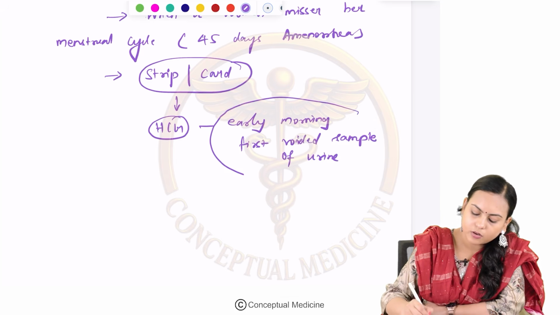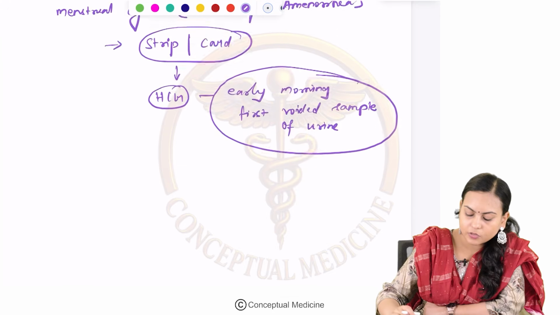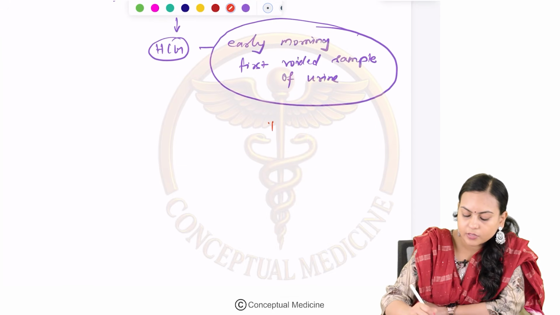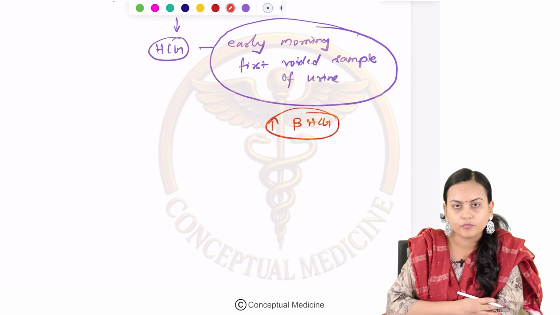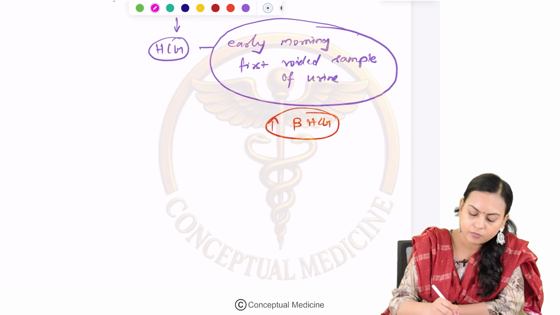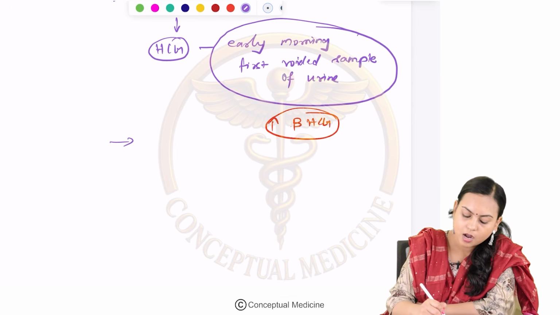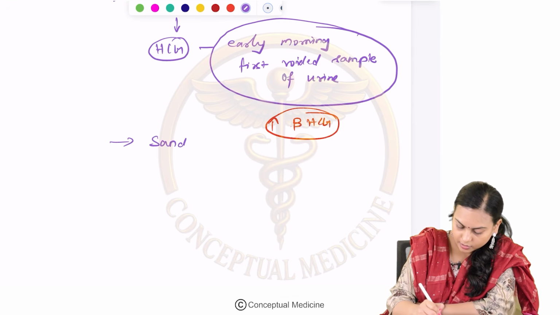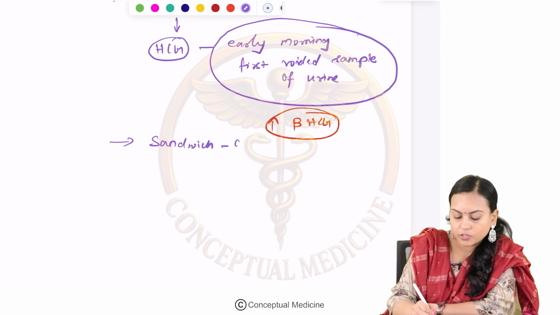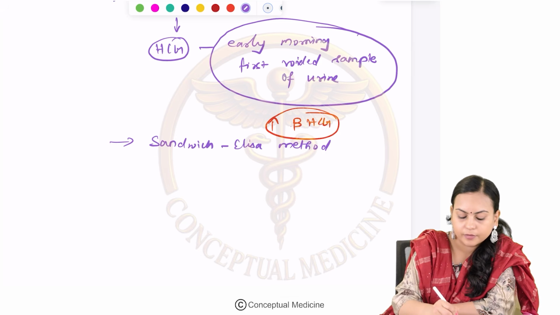Okay, because in this urine the levels of beta HCG are high. Okay, and what is the method used in the urine pregnancy test? It is sandwich ELISA method.